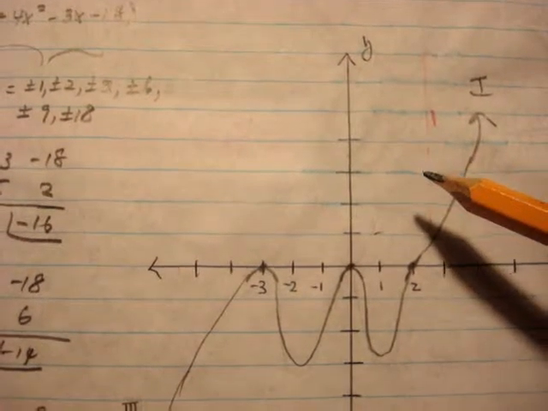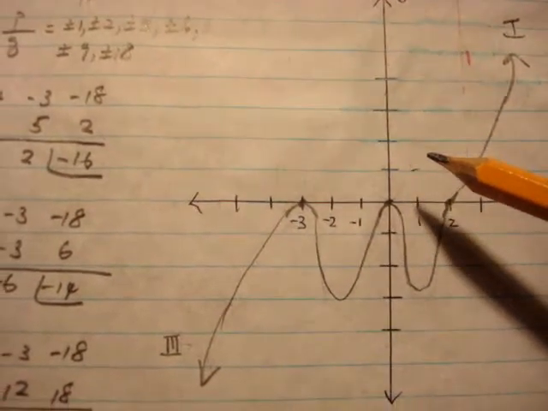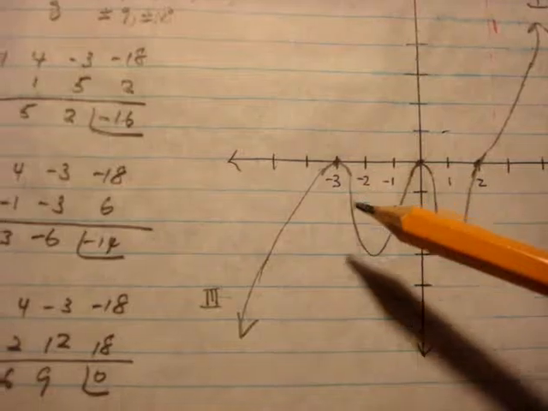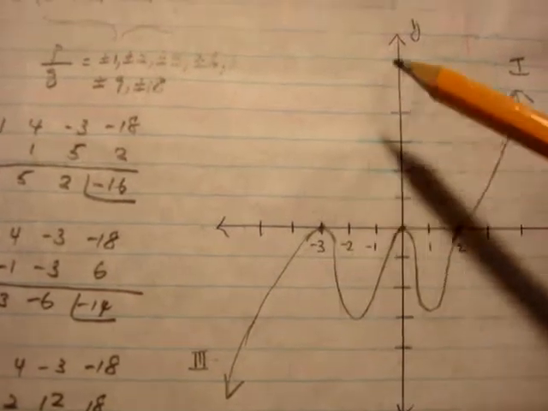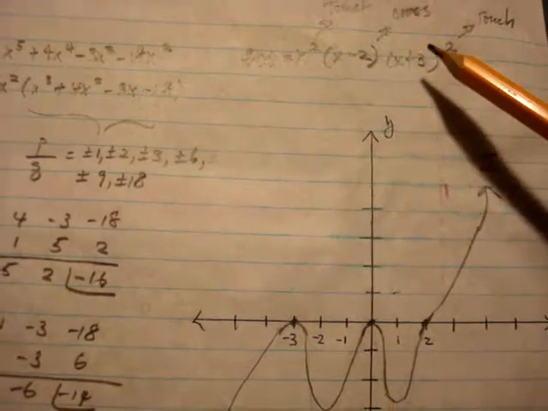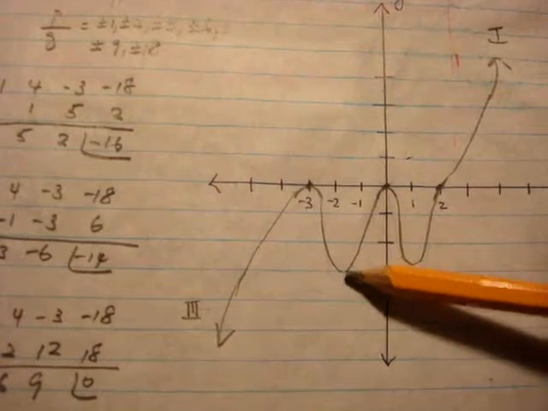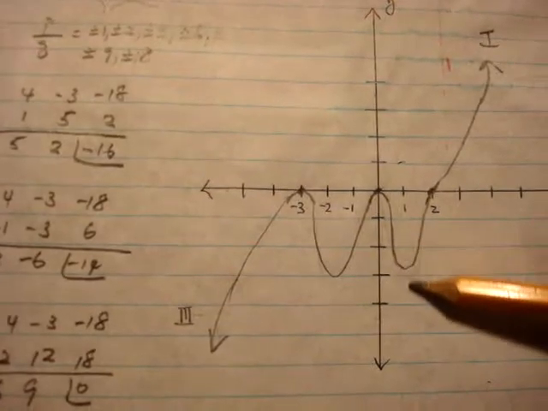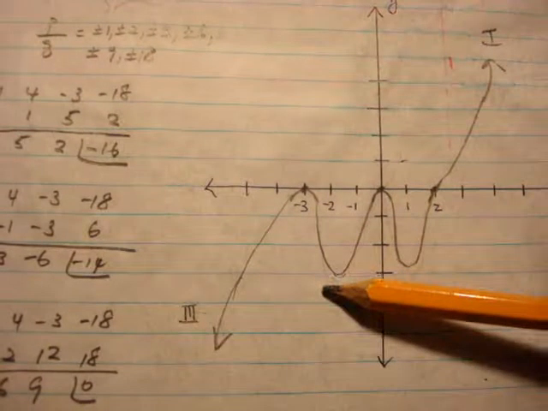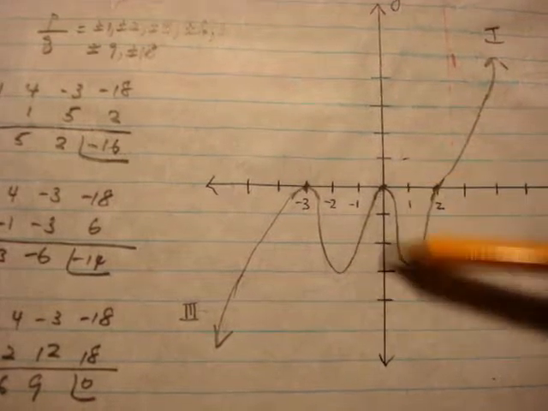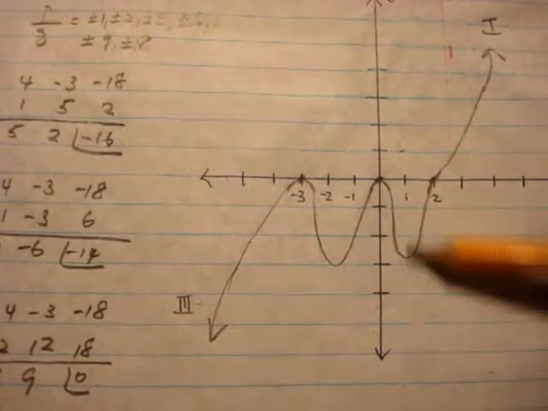By applying the factoring, the synthetic division, the possible zeros, and the concept of touches and crosses, it doesn't matter how deep you go right here. It doesn't matter, as long as you know that it's negative on the y-axis.